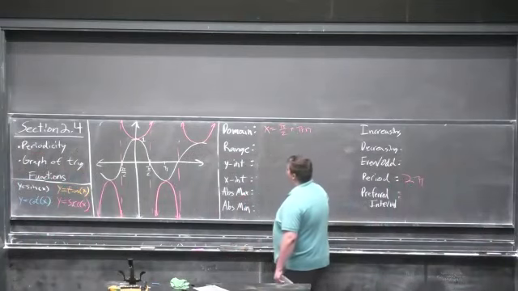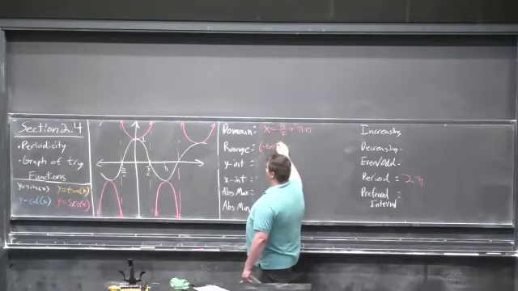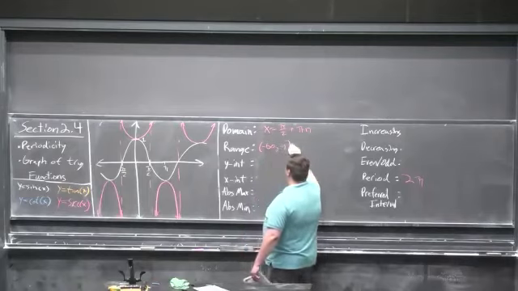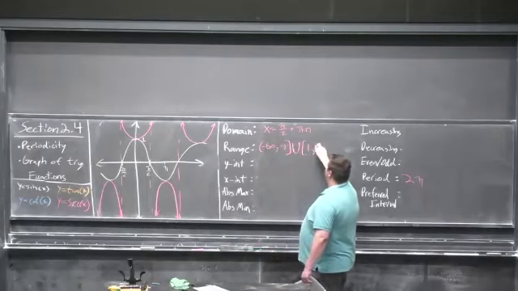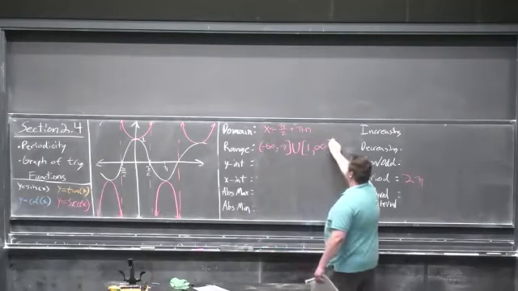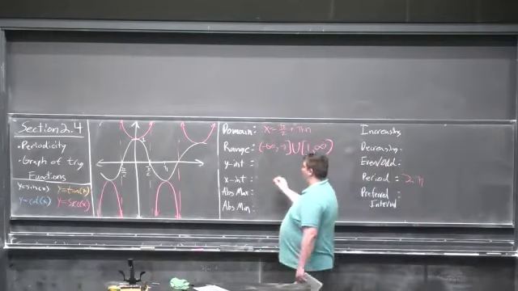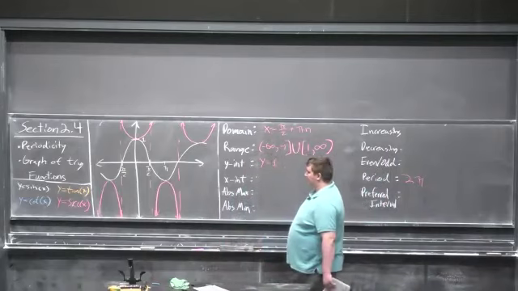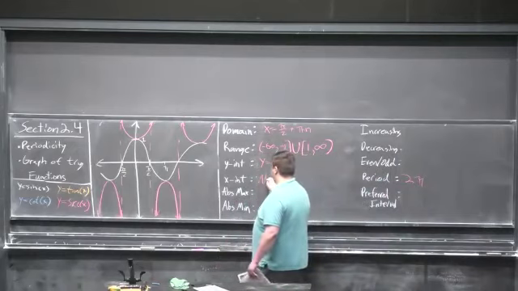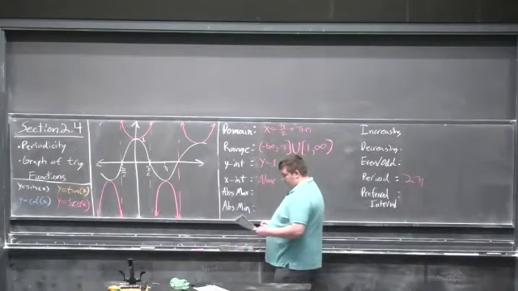Our range is going to be from negative infinity to negative 1 in union with 1 to infinity. Our y-intercept is going to be y equals 1. Our x-intercept is going to be none. Our absolute max is going to be none.